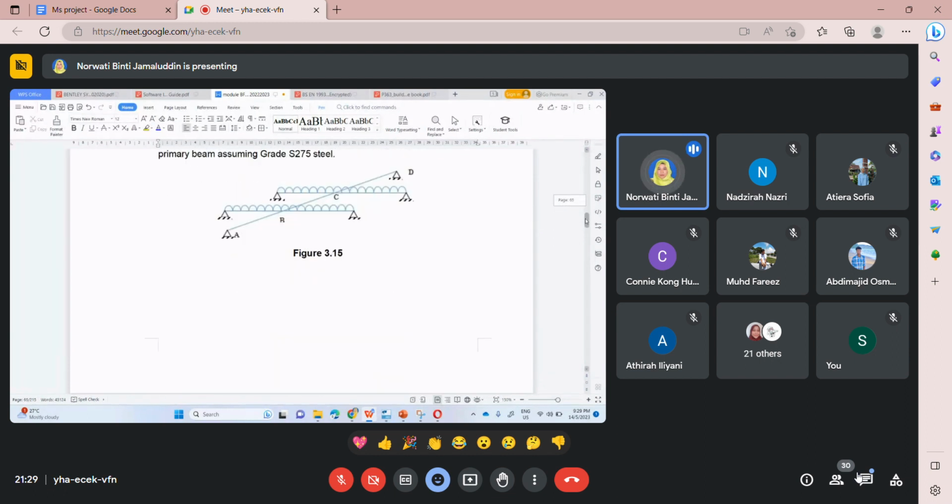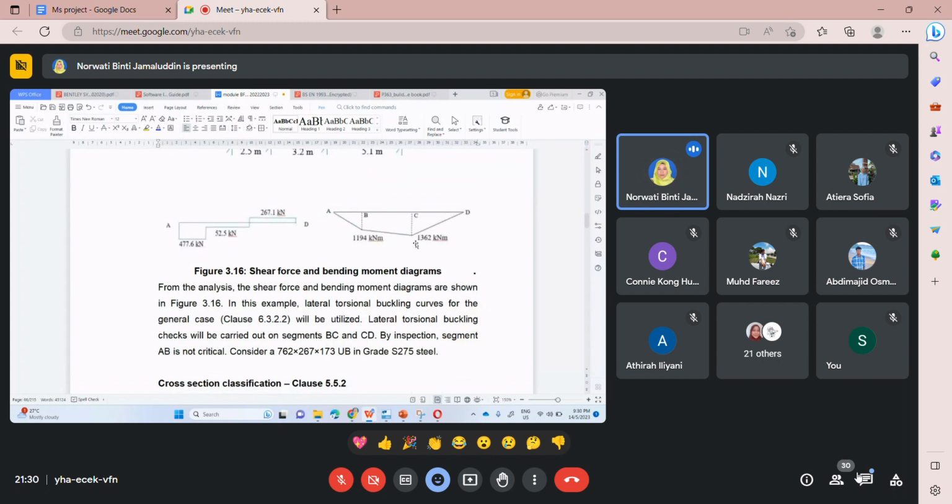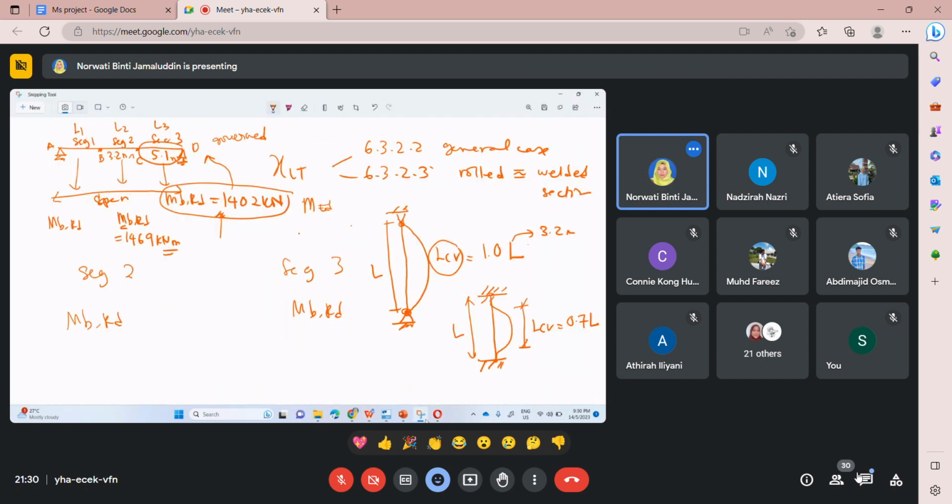The MEd is 1362 kilonewton meter, which is still less than the resistance, means okay, pass. It means that with this size it is still able to carry or support the applied moment, or MEd.